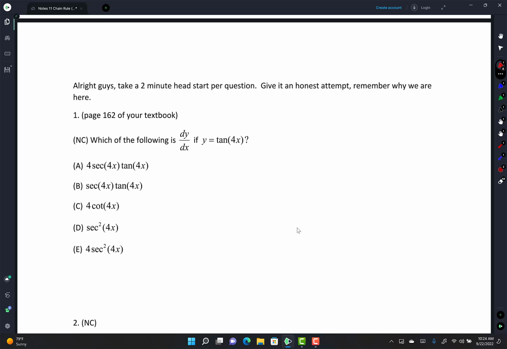What is the derivative of tan? Yes, secant squared 4x times the derivative of 4x, so 4. So what's the answer?